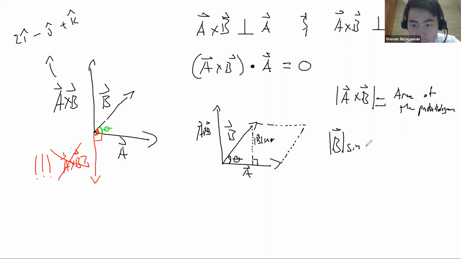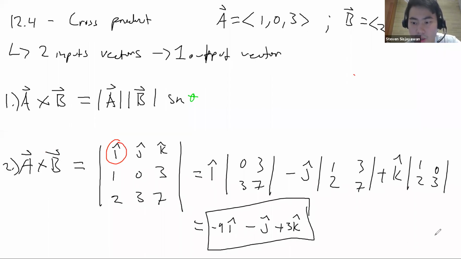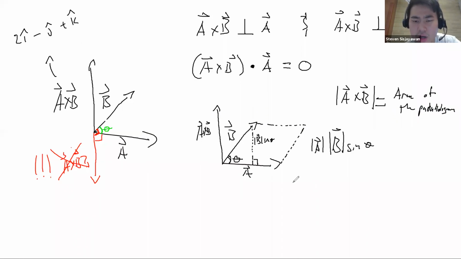And if you multiply that with A, that's going to give you the area of the parallelogram. And that's the same thing as the cross product. You guys can look, I think Joe definitely mentioned this in Tuesday's lecture. So if you want to go over that again, refer back to the lecture on Tuesday.